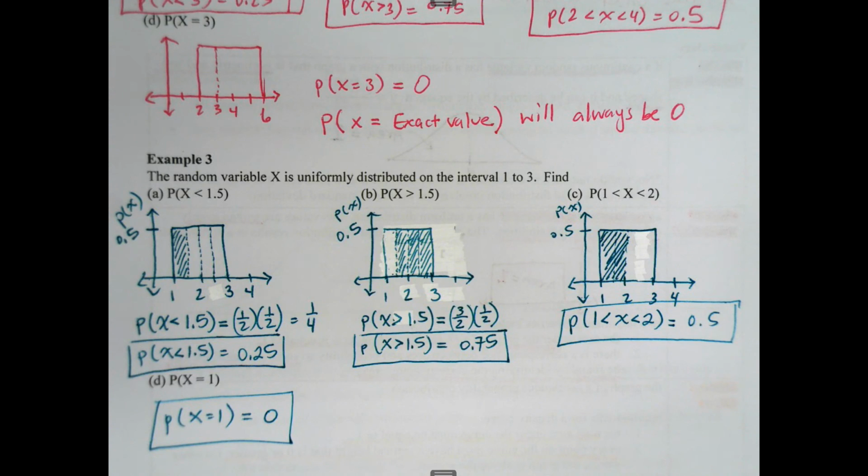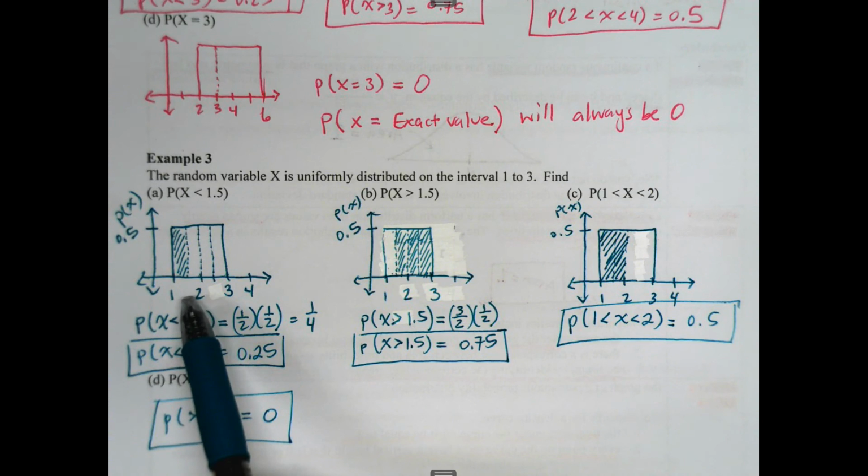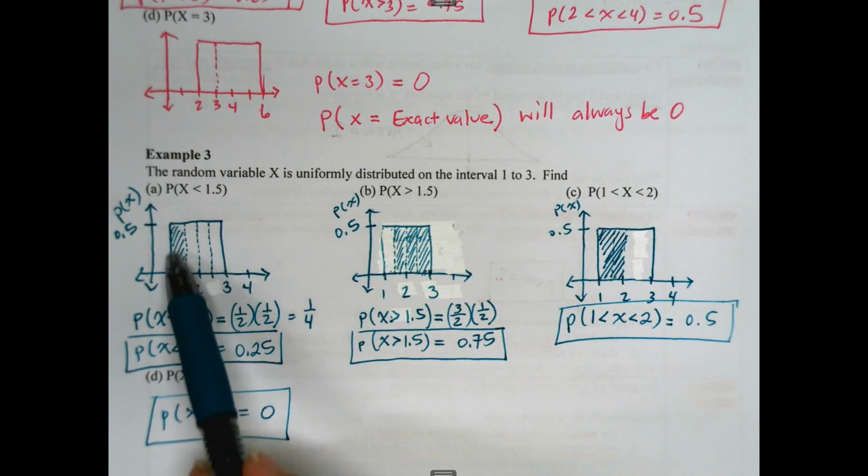In example 3, we now have a horizontal distance of 2. So therefore, because our area under the curve has to be 1, our height is now going to change to 1/2. So for finding the probability that x is less than 1.5, we would find where 1.5 is, which happens to be a quarter of this whole area.